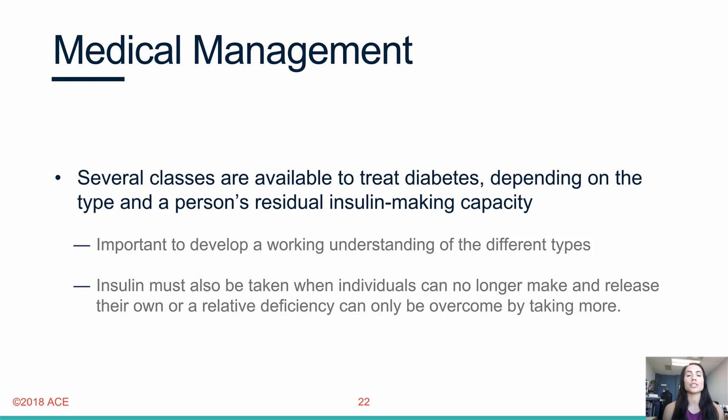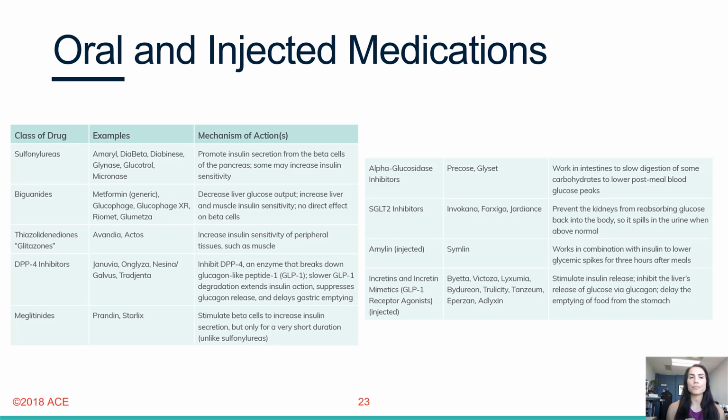That educator is really going to help them understand what they need to do, not only with insulin through medical management, but also through nutrition. So it's important that a client you are working with who has diabetes is also working with their medical team, particularly a diabetes educator.